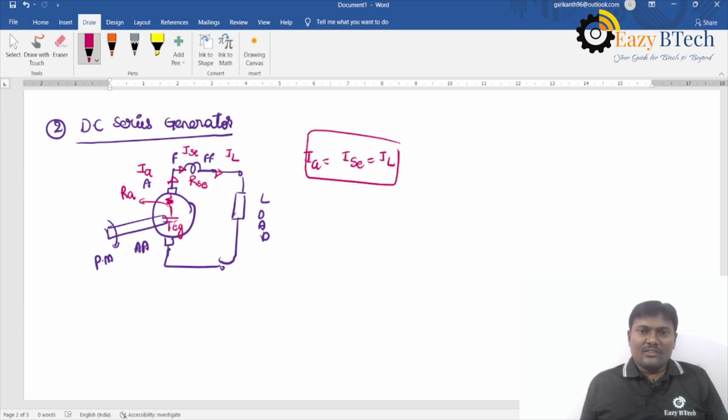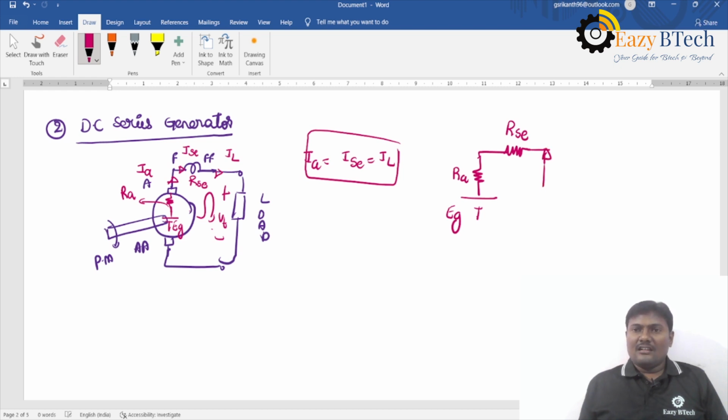If you apply KVL to this loop, the terminal voltage is VT. Now I am drawing the circuit separately. EG, the armature resistance RA, the series field winding resistance RSC, and the terminal voltage VT; the upper terminal is positive and the lower terminal is negative.